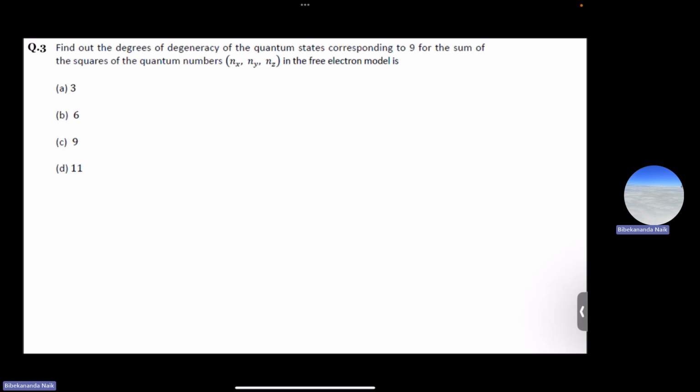The options are option A 3, option B 6, option C 9, and option D 11. So I'll give you a few minutes to try this question. I have also discussed similar types of questions in previous sessions also. So please try this and I will explain after a few minutes.